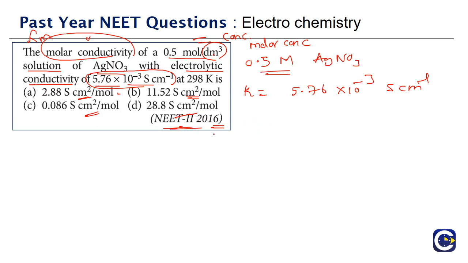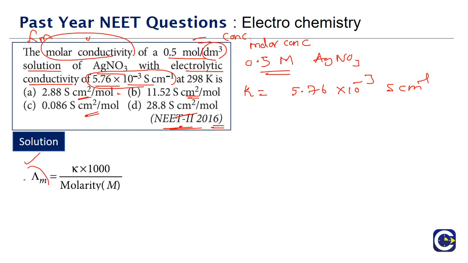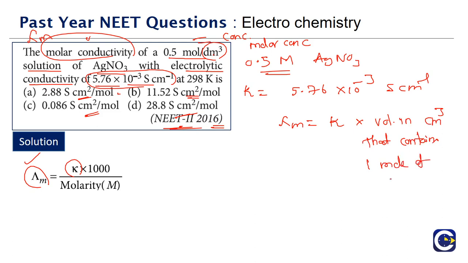Now here what is the relation? So we have a formula. The formula is lambda m, the molar conductivity, will be equal to kappa into 1000 by molarity. So this is the standard formula that we will have. But how does this formula come? See, lambda m will be kappa into the volume in centimeter cube that contains 1 mole of electrolyte.